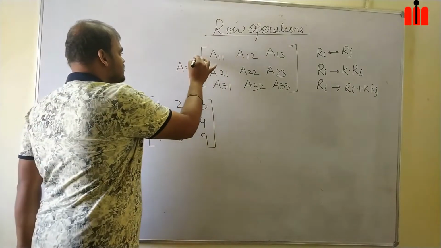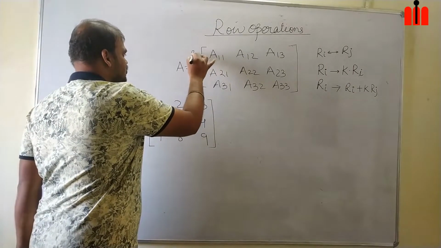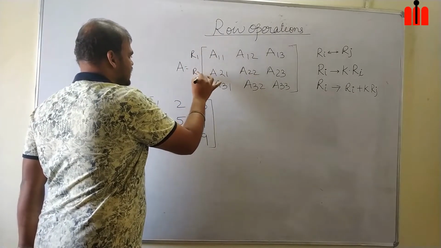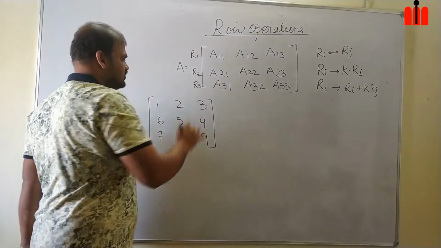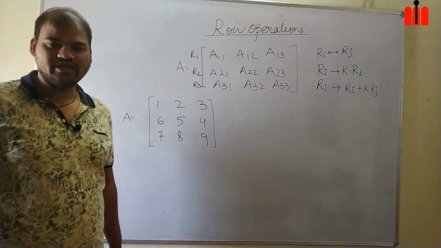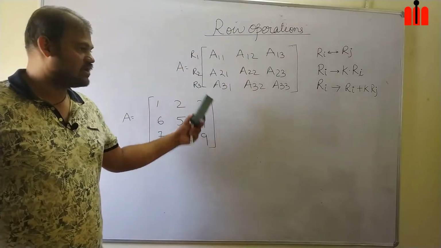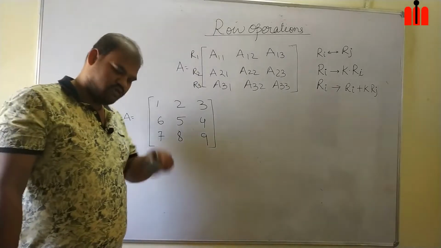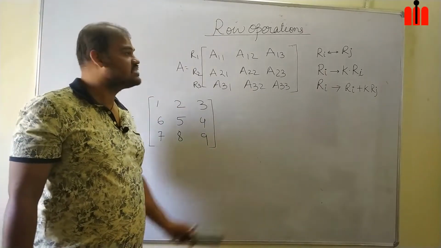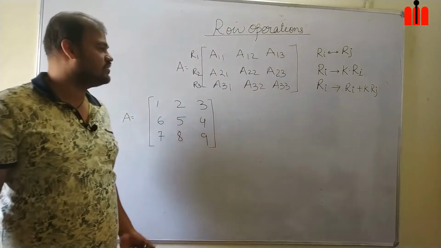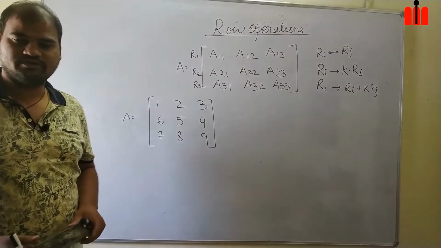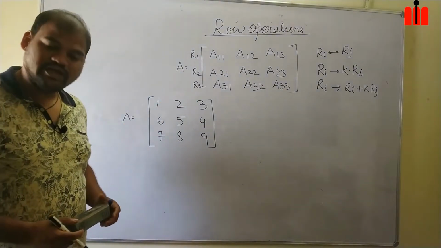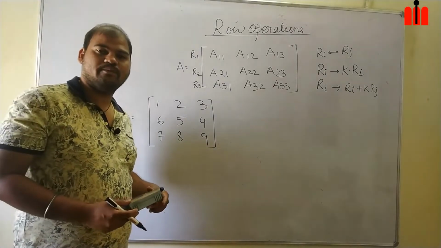We discussed this in the basic class. This is my first row, second row, and this is my third row. As the name suggests, it is row operations. We have to perform operations between the rows.